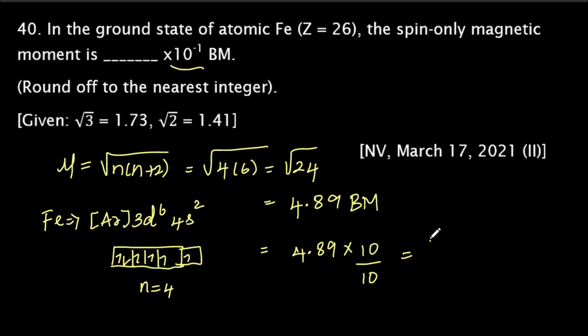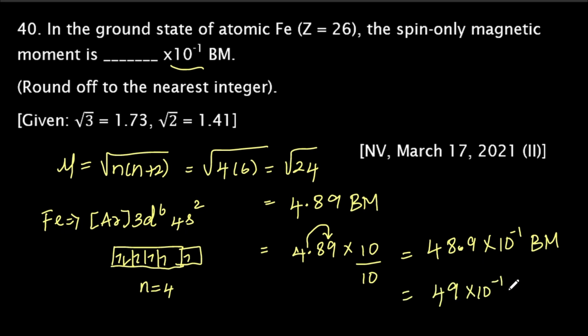When you multiply by 10, the decimal point will move, so 48.9. Then in the denominator you are having 10, which you take to the numerator, so it will become 10 power minus 1 BM. Now you have to round off the answer. 48.9 we can write as 49 into 10 power minus 1 BM. So the answer is 49.